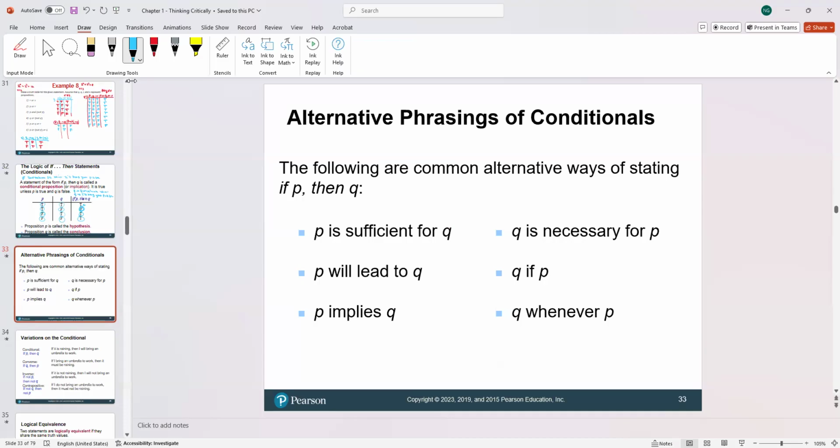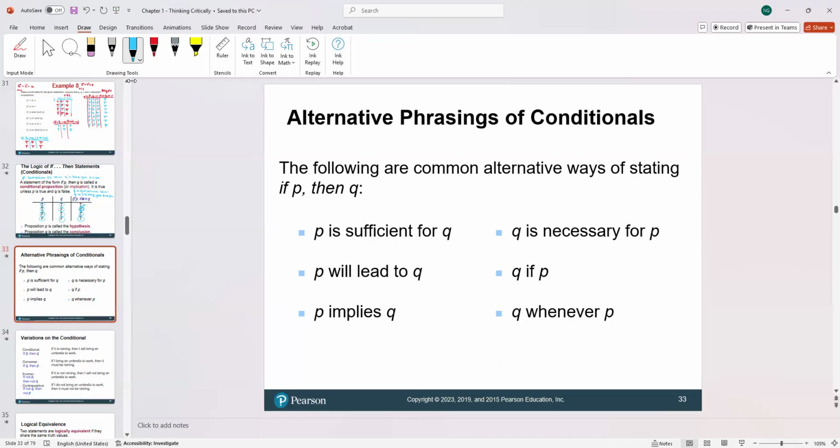This has the same meaning as: if I leave, then I'm not coming back. Another example: more rain would lead to a flood. We can rephrase that as: if there is more rain, then there will be a flood. There are different ways of seeing it.